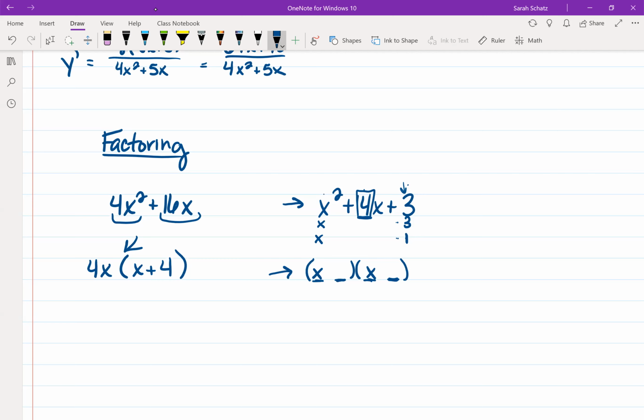Yeah, so that means, yes, these are the right numbers. So I'm going to go ahead and put them in my terms down here. Now, when it comes to plus or minus between these two, if your numbers here are both positive, which ours are, because I needed positive 3 times positive 1 to make this positive 3. If they're both positive, then there's both plus here. You'll know when they need to be negative.